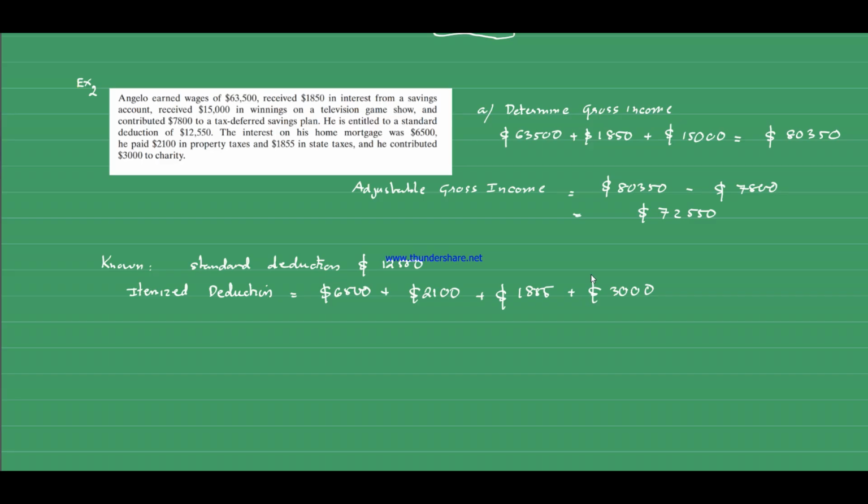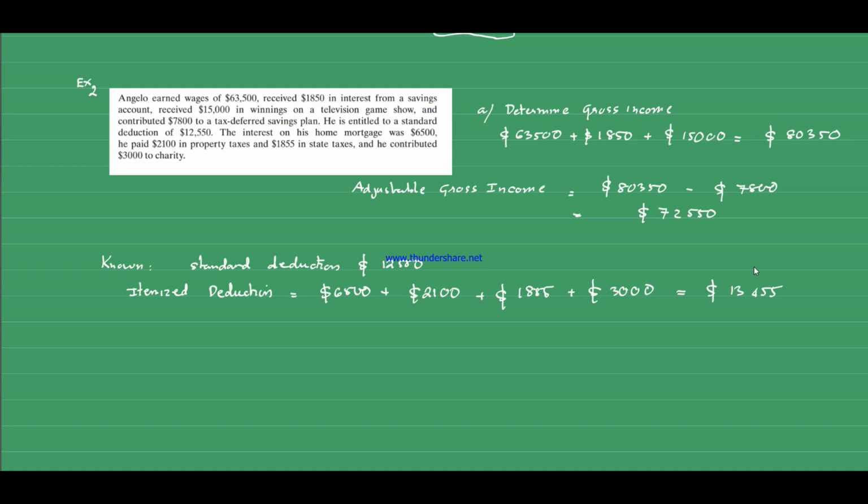Let's add them up. Here, 65 plus 2100 plus 1855 plus 3000 will give you $13,455, right? I don't know if my calculation is correct.